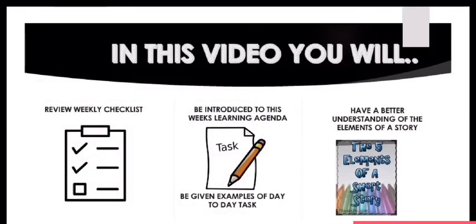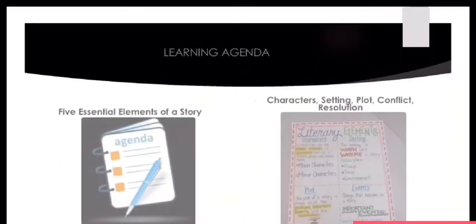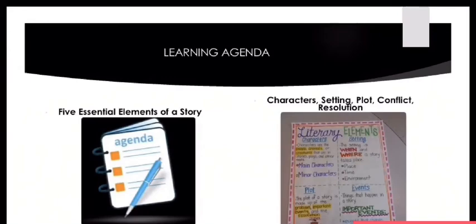In this video, you will review your weekly checklist, be introduced to this week's learning agenda, be given examples of day-to-day tasks, and have a better understanding of the 5 essential elements of a story. Your learning agenda for this week includes our topic, 5 elements of a story.